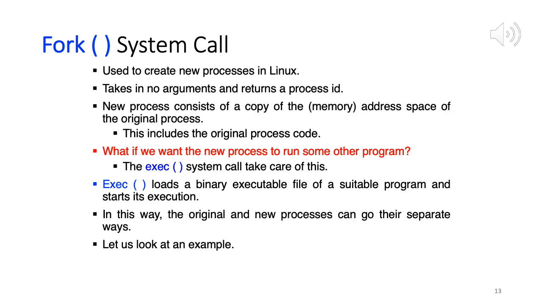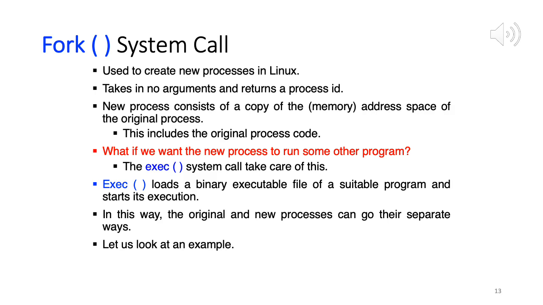Okay. Now by default, the new process will contain a copy of the memory address space of the original process. This includes the original process code. Okay. So for example, if I have a C program in which I have a main function, right? I call that file 1.c. Now within that 1.c, if I call a fork, then by default it will create another process, a child process, which will contain a copy of 1.c.